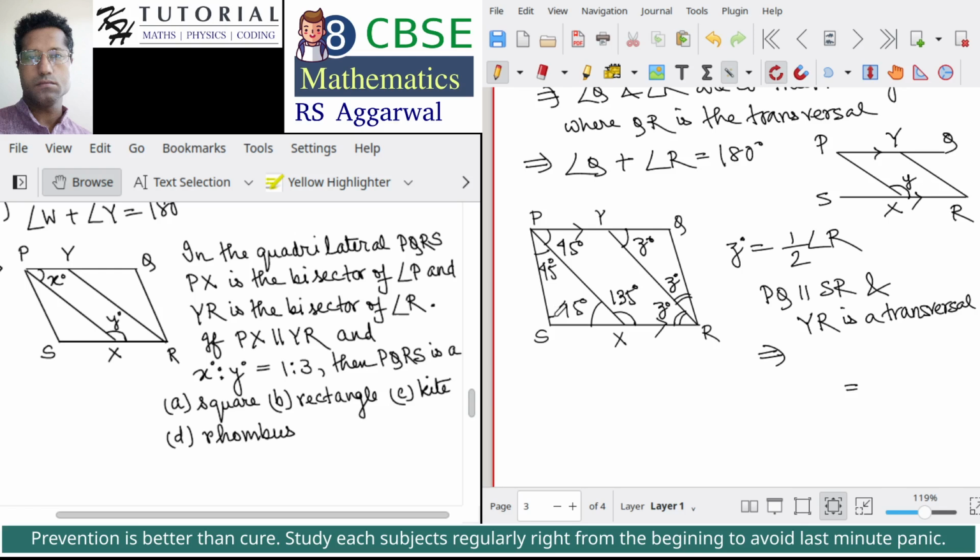So this is definitely 90 degree. P is 90 degree. PQ is parallel to SR.